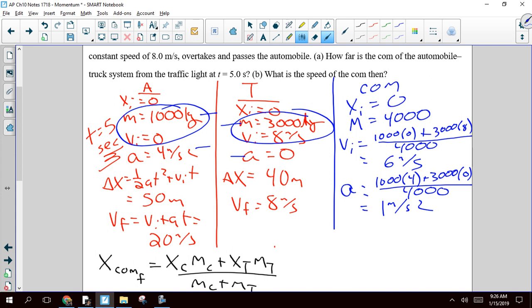Okay, and so now we can use our given information here. We know our initial position, we know our initial velocity, we know our acceleration, and our time is 5 seconds. So we can do delta x equals 1/2 at squared plus vit.